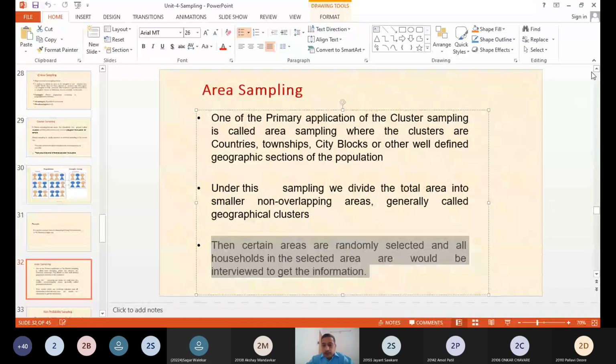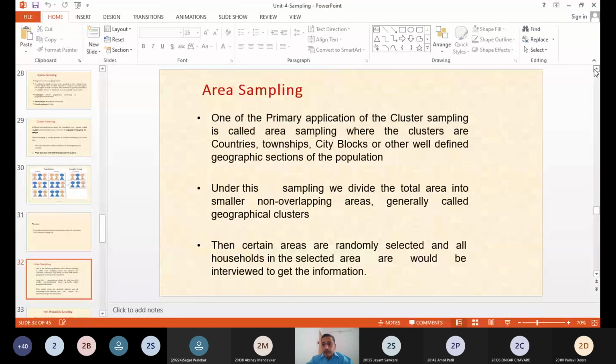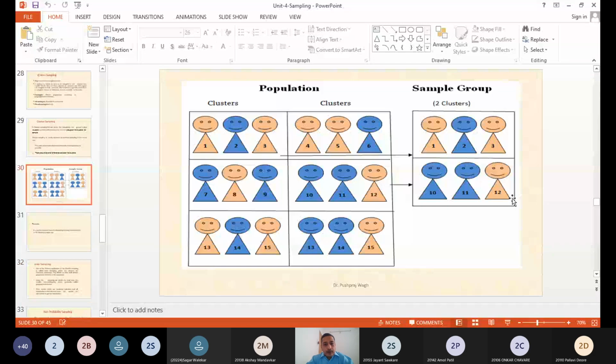So is it clear to you all? Any query in this? Any query in cluster sampling? Pallavi, Akshay, Omkar, do you have any query in cluster sampling and area sampling?